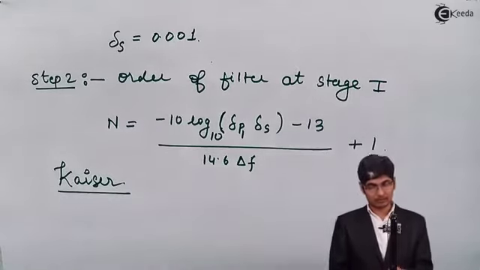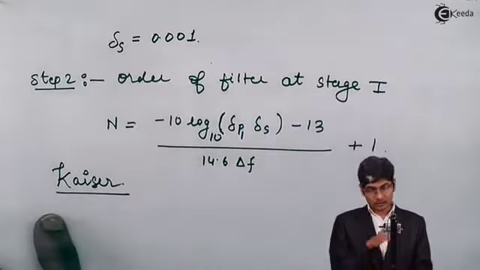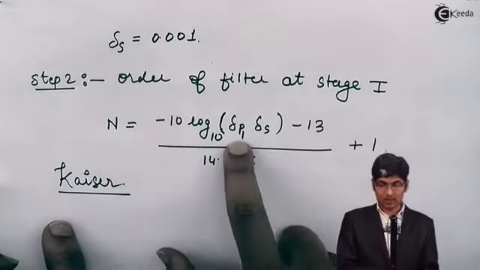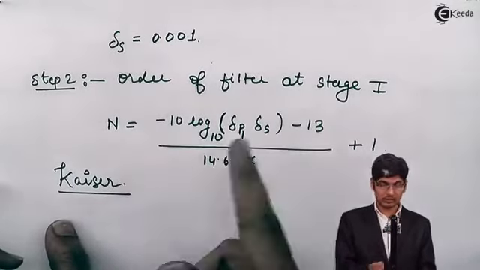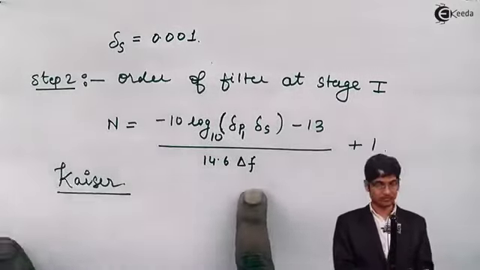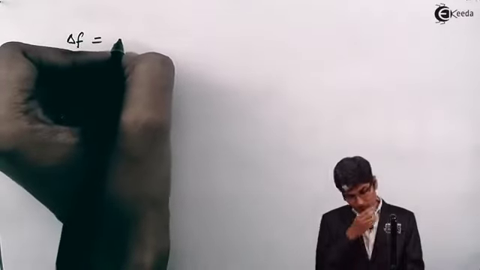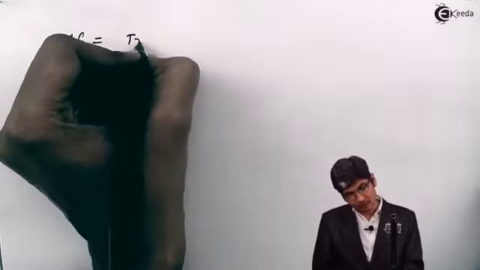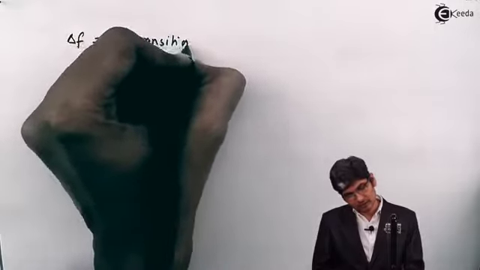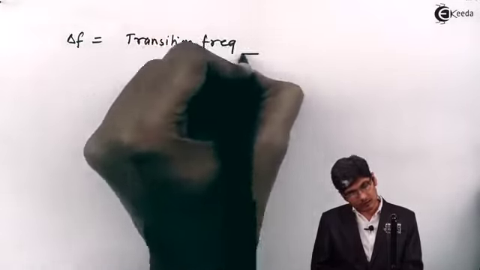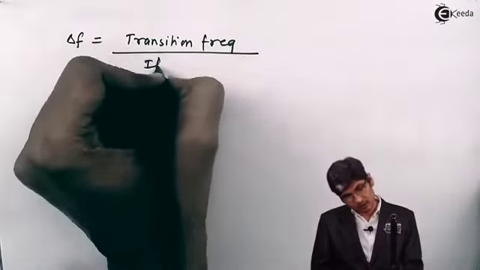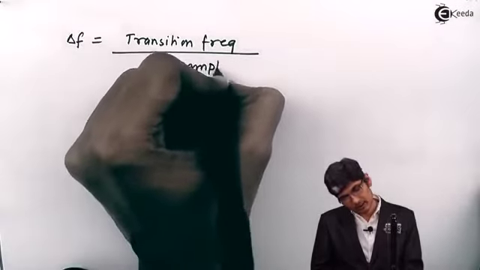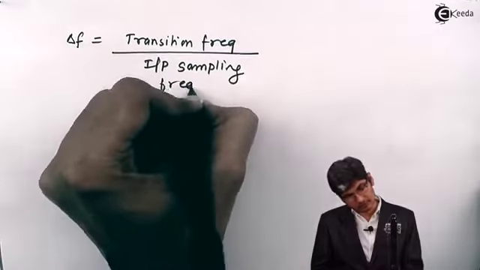This is the Kaiser formula. Now with this application, we know delta P1, we know delta S, but delta F we don't know, so we need to calculate delta F. So delta F is nothing but the transition frequency divided by the input sampling frequency.